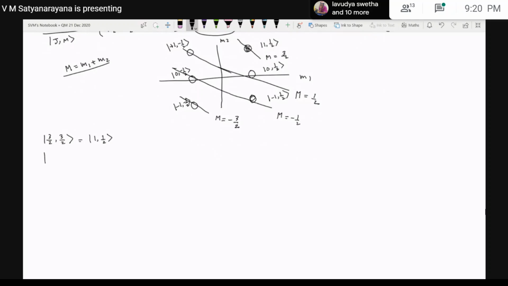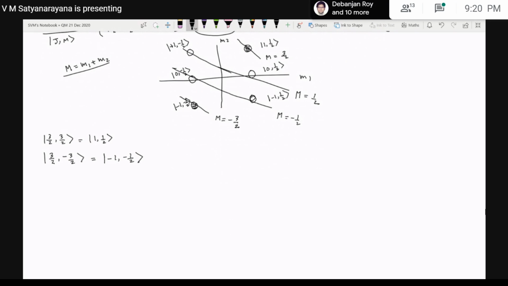Similarly, I can write down 3 by 2 comma minus 3 by 2 as minus 1 comma minus half, because even this particular point there is only one. In the other cases, there are two different points.